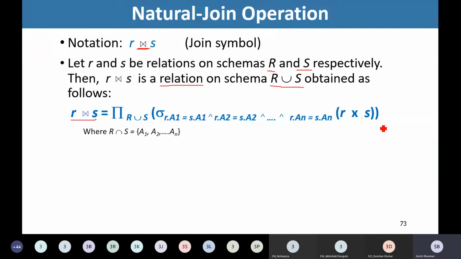So this entire thing can be compressed in the additional operation that right now we are defining, which is known as a natural join.